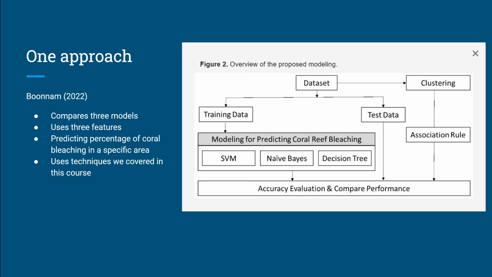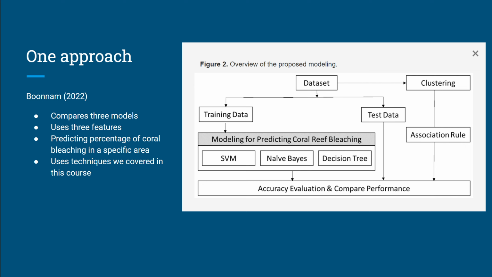I looked at another related work that is very similar to the one I ultimately chose. It focused on making predictions. Boonham's article is focused on predicting coral damage using a data set from seas around Thailand.